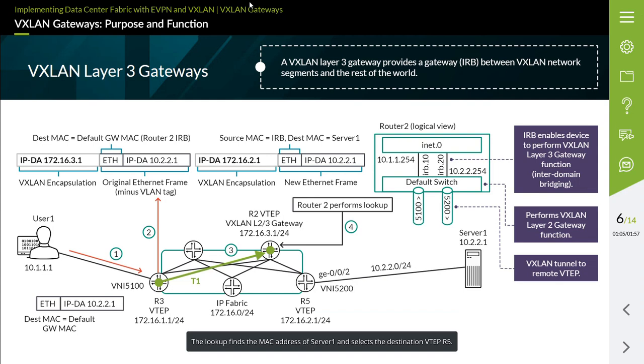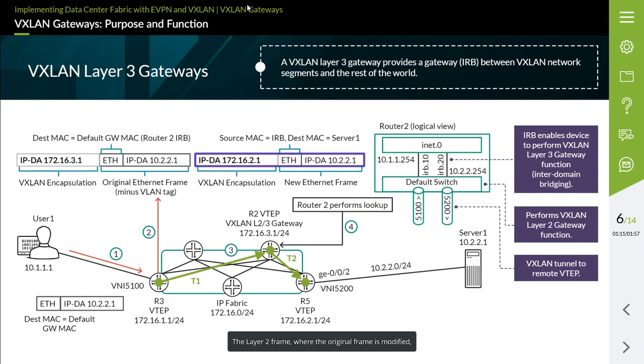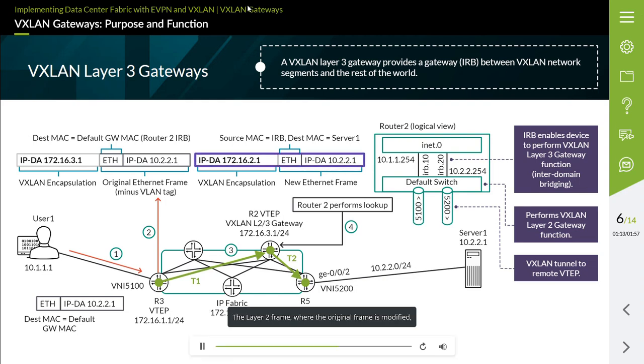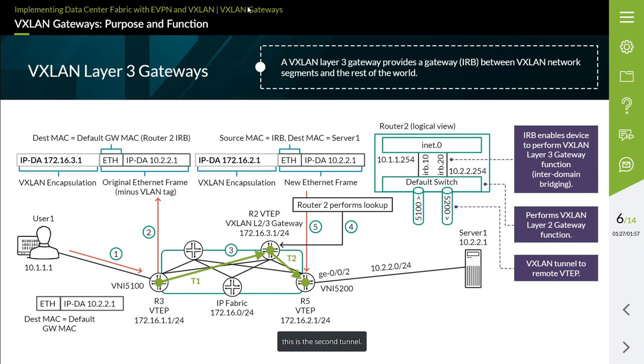The lookup finds the MAC address of server 1 and selects the destination VTEP R5. The Layer 2 frame, where the original frame is modified, is encapsulated in a VXLAN packet. The original inner source MAC address is changed to be that of the IRB gateway. The outer header has a destination IP of the R5 VTEP and a VNI of 5200. This is the second tunnel.